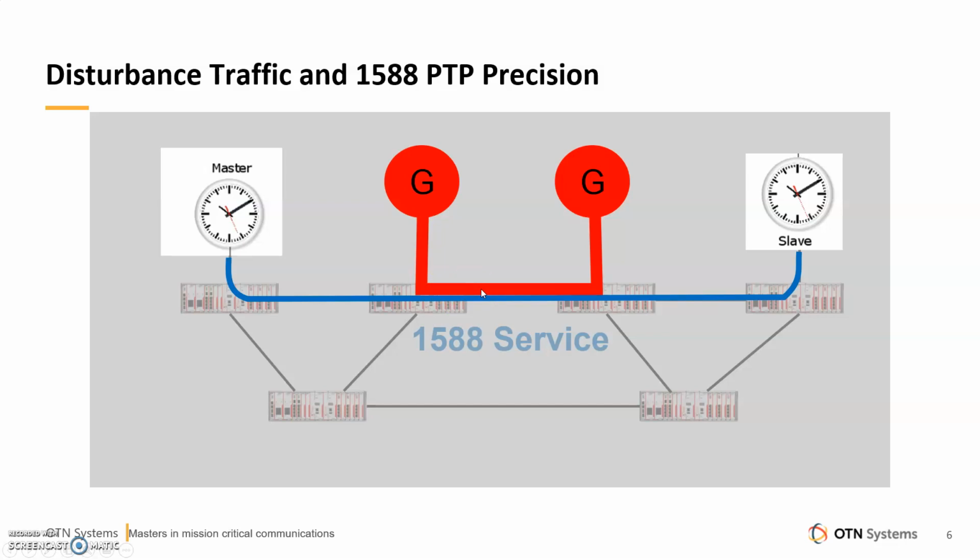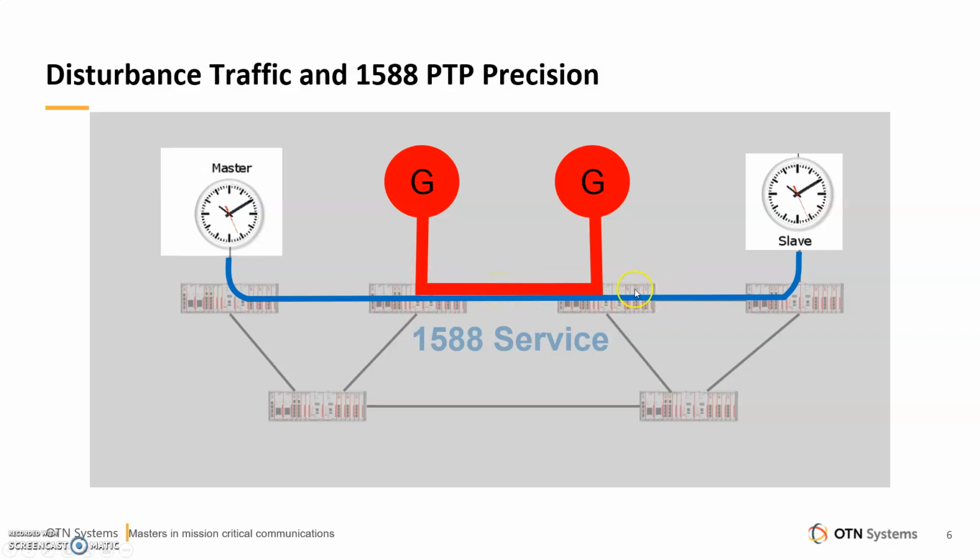However, you may have a disturbance packet that's currently egressing on the port, which could be a jumbo frame or a larger frame, and the 1588 packet has to wait for that to egress, and it creates packet delay variation.